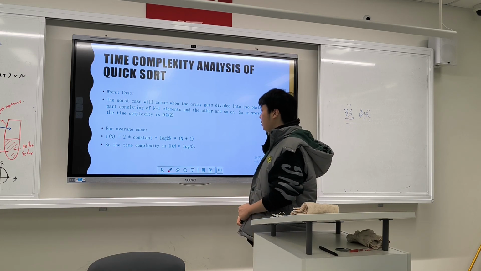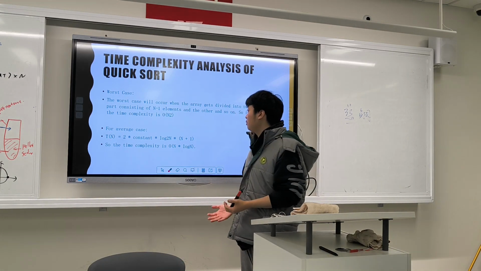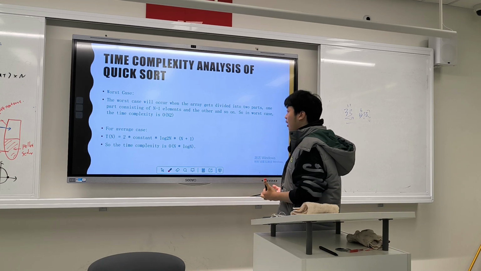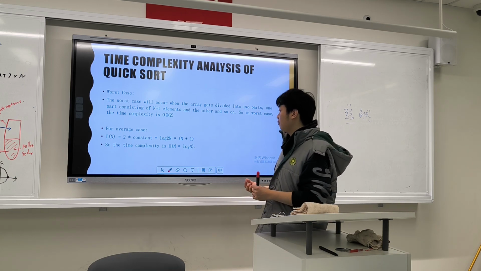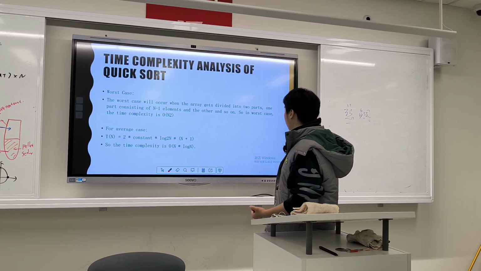Now we will talk about the time complexity of quicksort. The worst case occurs when the array gets divided into two parts, one part consisting of n-1 elements, and so on.